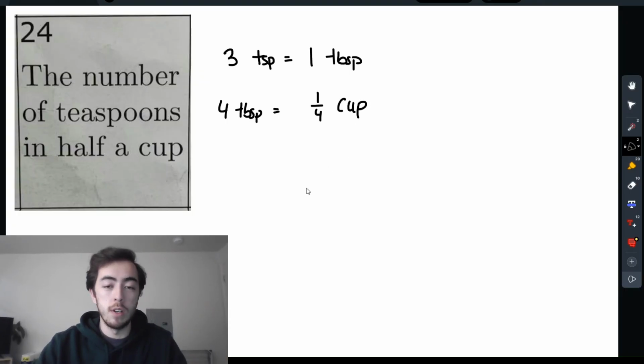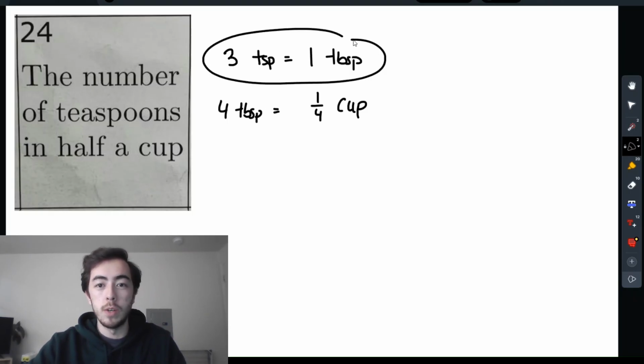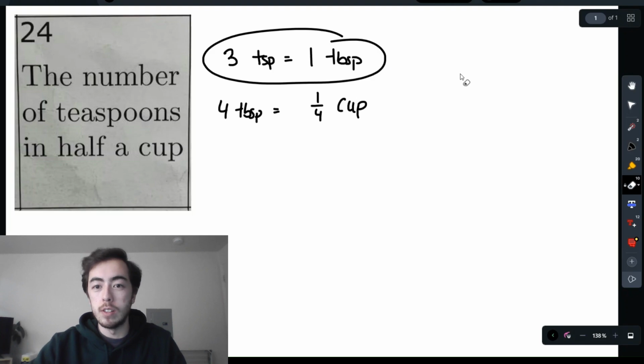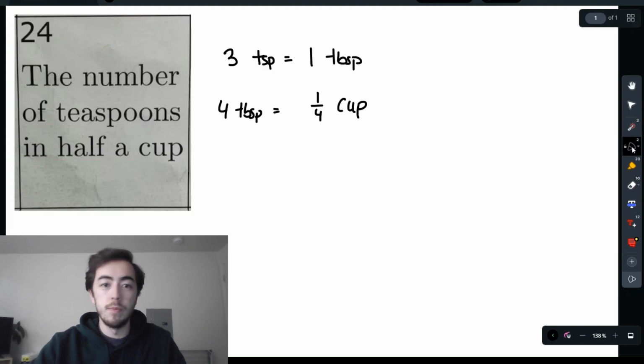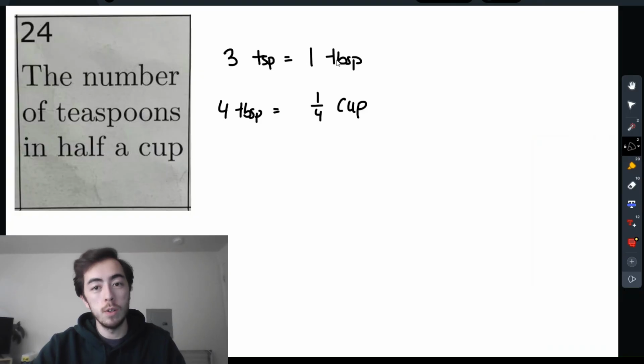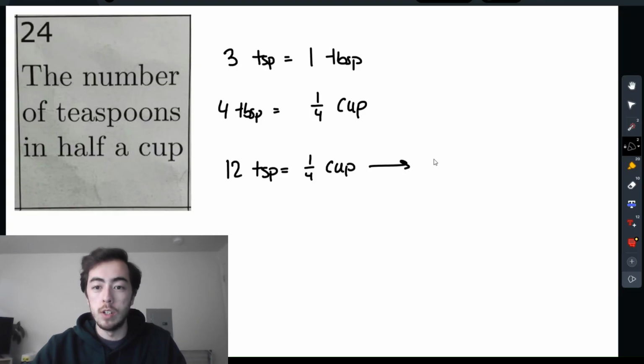If we want to get some equalities going, we could multiply both sides of this equation by 4, just so we can see that 12 teaspoons is equal to 4 tablespoons. So that means 12 teaspoons is equal to this 1/4 cup. And then we could multiply both sides by 2, just to show that we do get 24 teaspoons for every half cup.